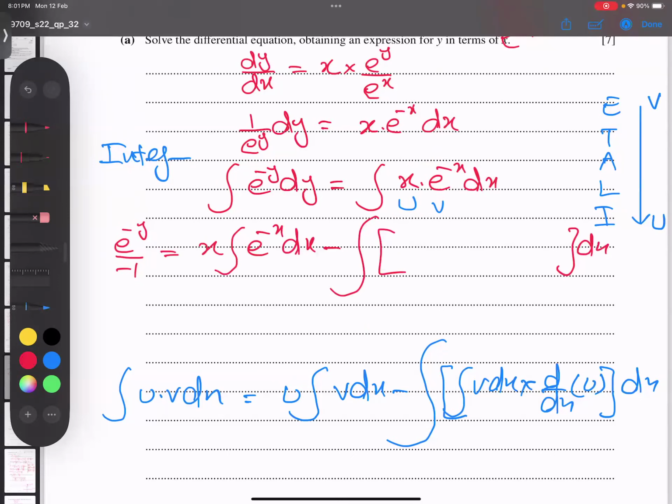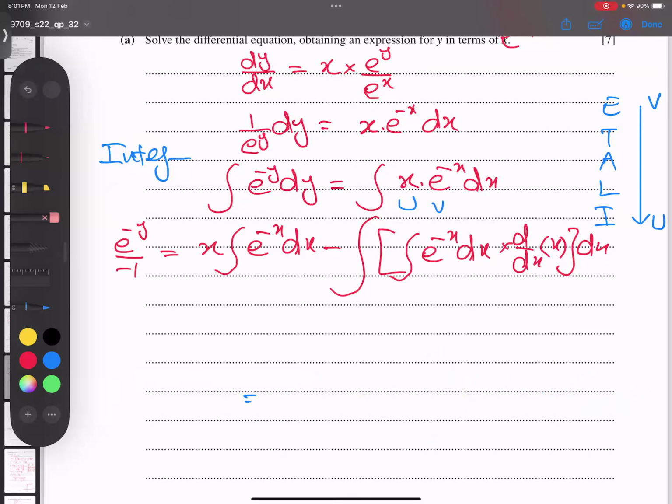This whole thing I'm copying and pasting here, and I think you understand why I'm pasting it here, times the derivative of the u function, so d over dx of x. So this formula is over.